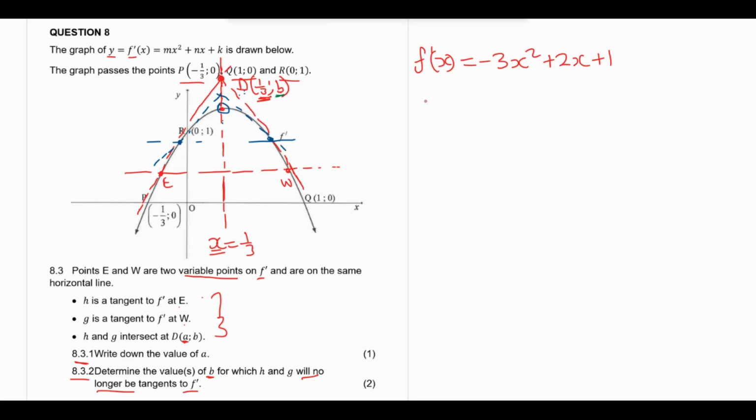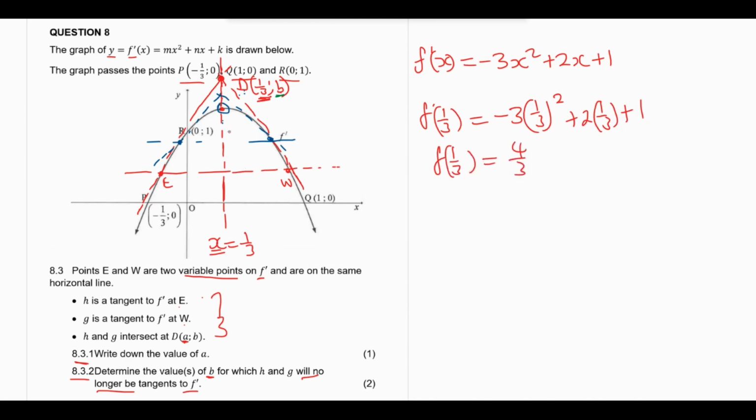So what we do, we substitute 1 over 3 into the function. So we have 1 over 3 there, which will make it negative 3 times 1 over 3 squared plus 2 times 1 over 3 plus 1, meaning that f of 1 over 3 is equal to 4 over 3.